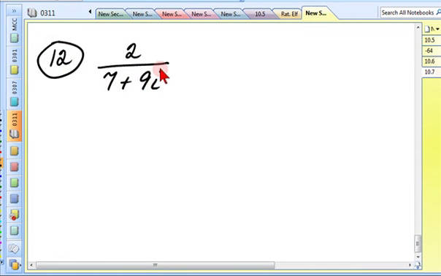Well, I call it division simply because there is a fraction line. Now, I'm going to rationalize the denominator. Based on yesterday's experience and the little bit that we've said today so far, what are you going to multiply by? The conjugate over itself. So 7 minus 9i over 7 minus 9i.